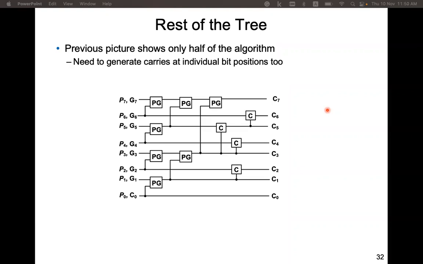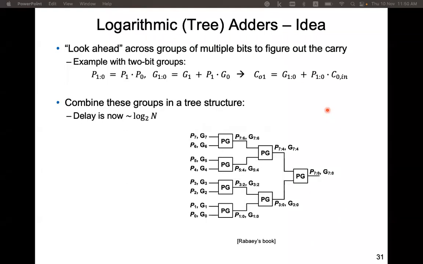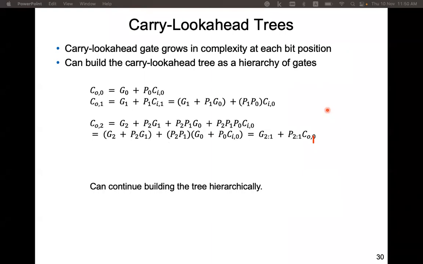For the numbering, if we use this notation, let me see. Yeah, I think G21 is this G2 plus GP, C02. Anyway, for the notation, maybe you are right. Let me double check it.